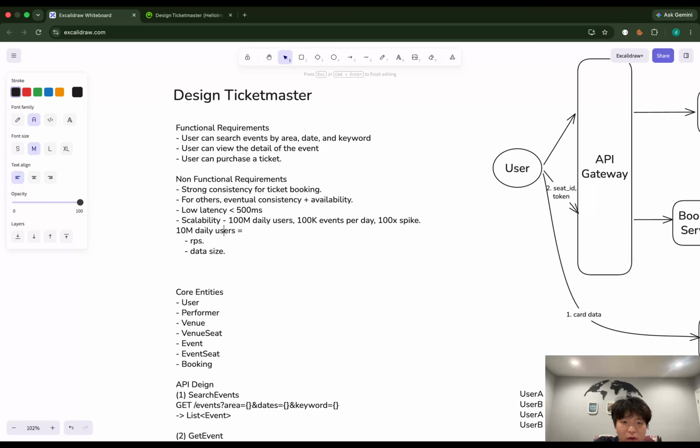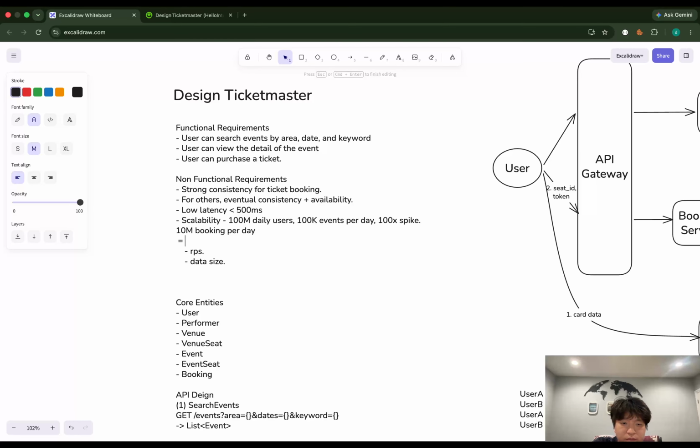In that case, 10 million bookings per day, which is 10 to the 7 divided by 10 to the 5 seconds, because 1 day is almost 10 to the 5 seconds, so 100 bookings per sec.